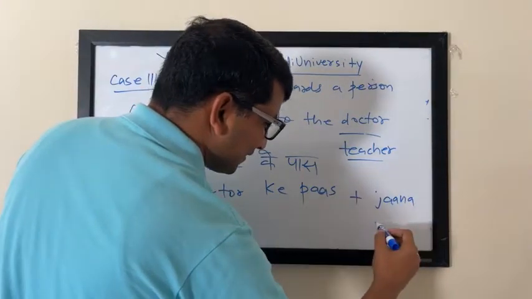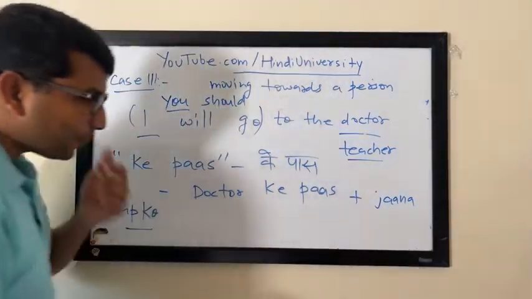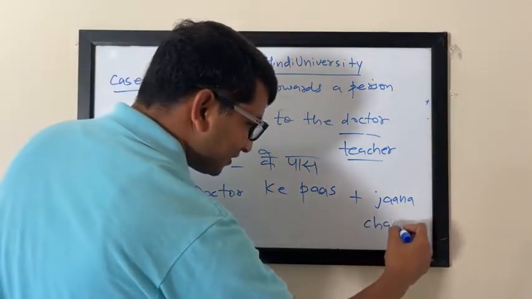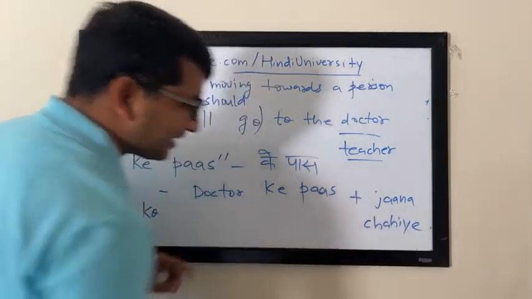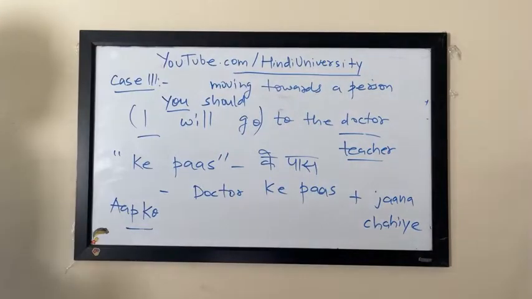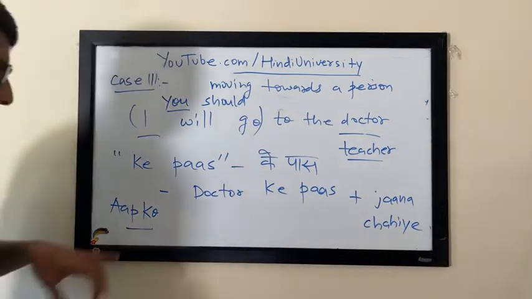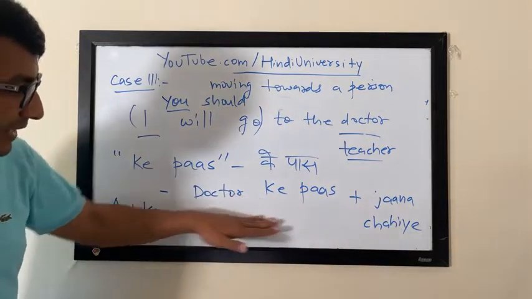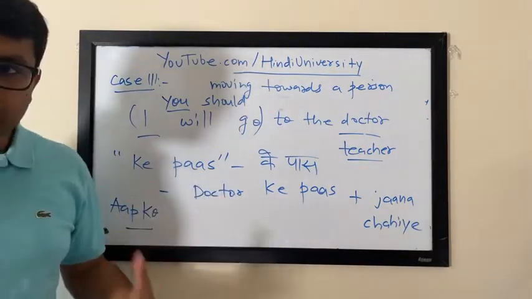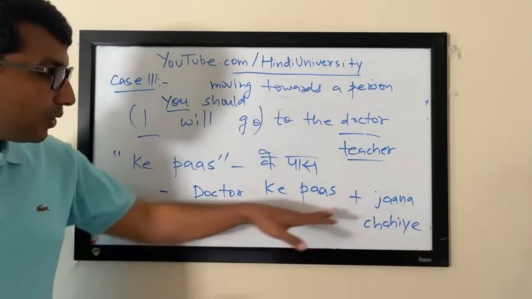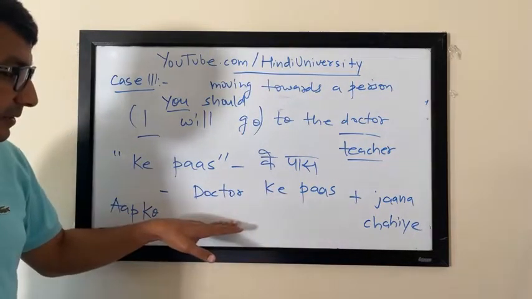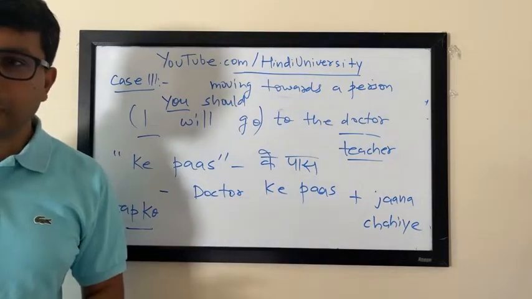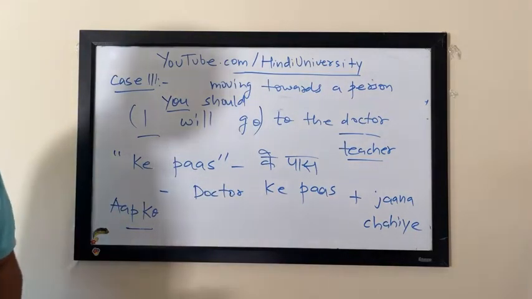जाना पड़ेगा. Okay, padega Jana is, padega, thank you. So padega is must, right? I think it's jana chahiye. Very good. Jana chahiye. Okay, आपको डॉक्टर के पास. So this is interesting because you have co as well and K pass as well. But you know, think about it, at least it helps you that you're moving towards a person here, right? So Dr. K pass is what you need to remember. Everything else you are welcome to play around with the rest of the sentence.